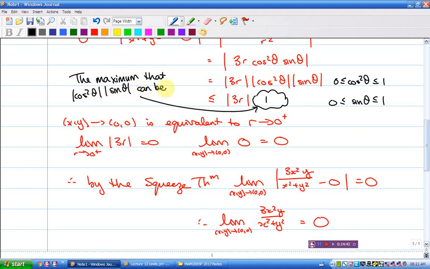And as I said, we could even drop the equality because strictly speaking, they'll never actually be as big as 1, but that's fine. What we want to do is simplify the right-hand side of our inequality into something that we know for sure is going to tend to 0 as r tends to 0.